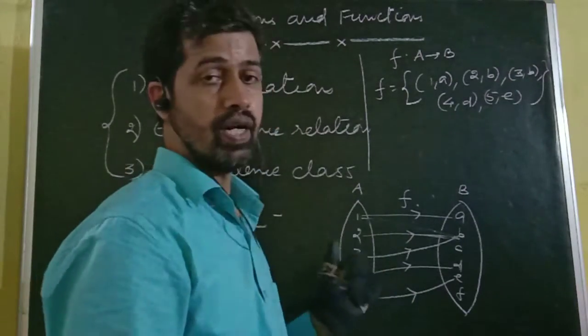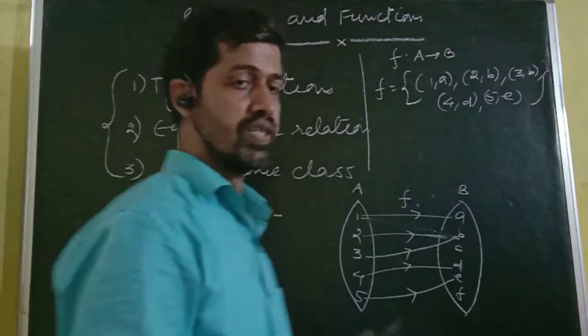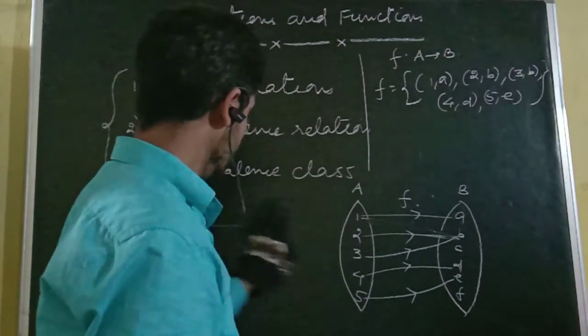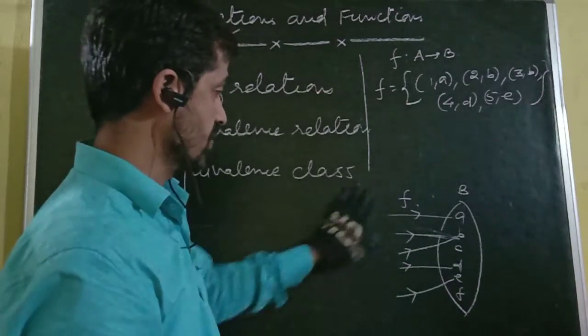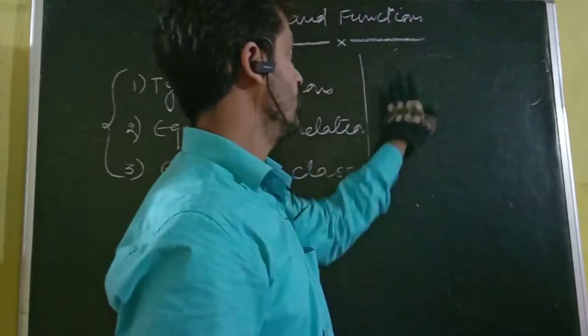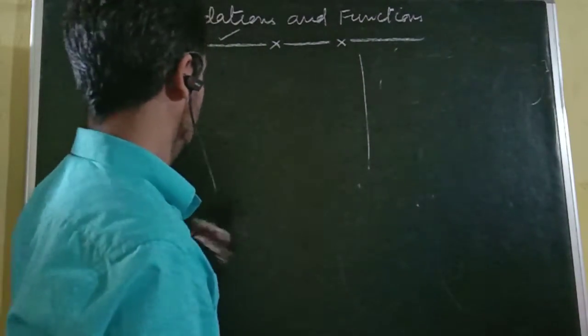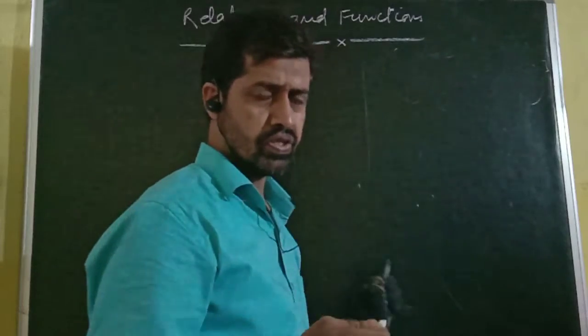Now, the next point that we are going to discuss is how the graph of a function looks. So now we try to draw the graph of a function. The graph of a function is important from the 1 mark question point of view.